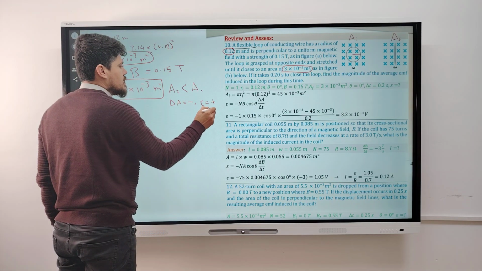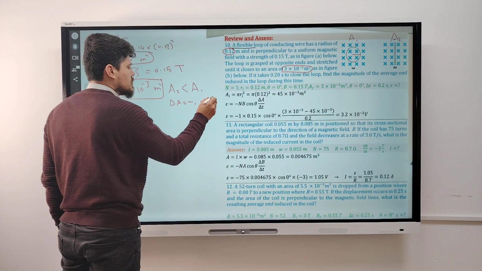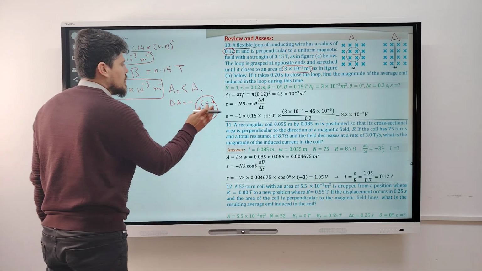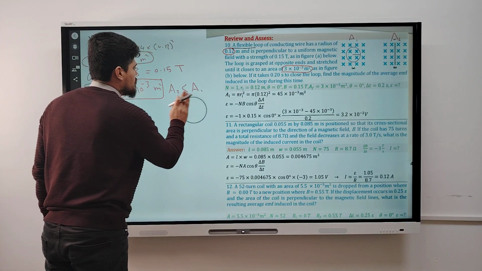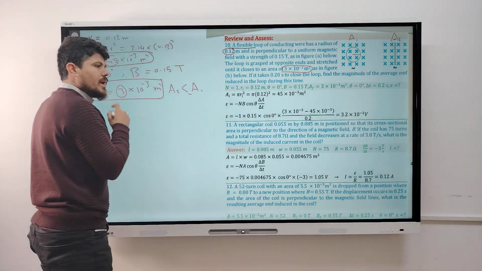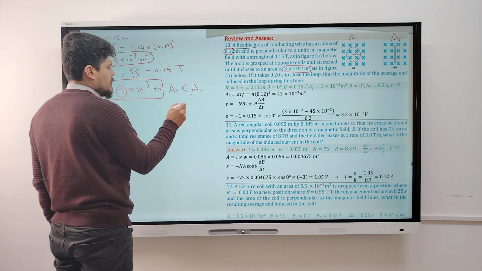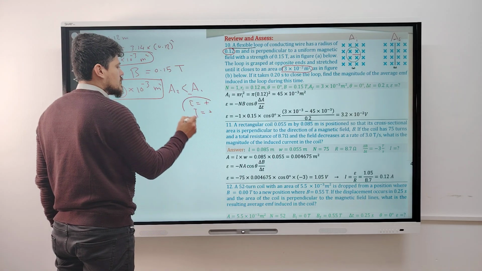So induced EMF should be positive, or induced current also should be positive. Okay, how did you know? How did you know the induced EMF is positive and current is positive? Because the area decreases. Okay, the area decreases, EMF is positive, current is positive.